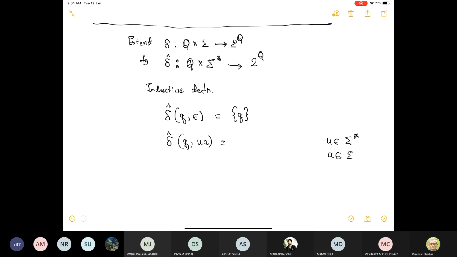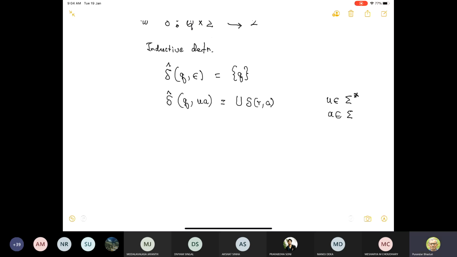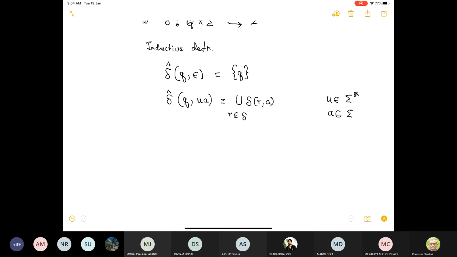So this is the union of all the sets of the form delta R A, where R is a state in delta hat Q U.